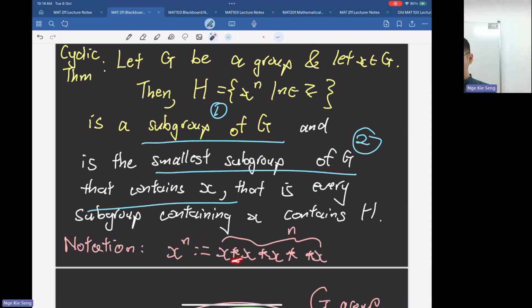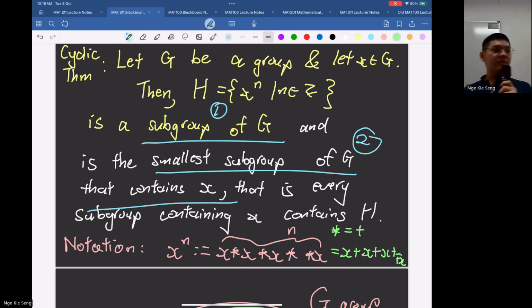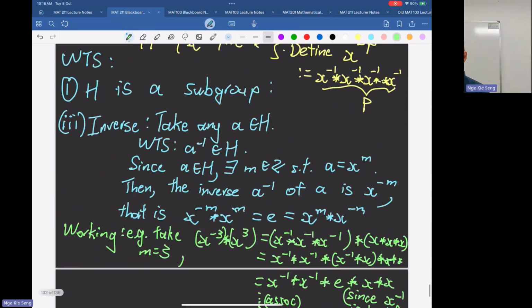If the operation is plus, then you need to look at plus. If multiplication, then you need to look at multiplication. Question or not? Okay, it depends on your operation.